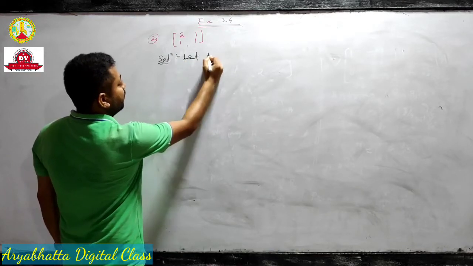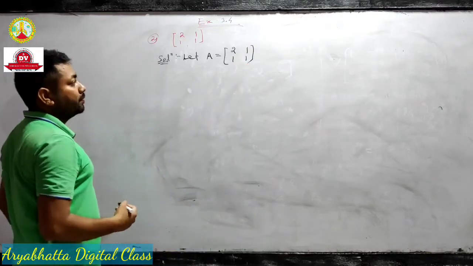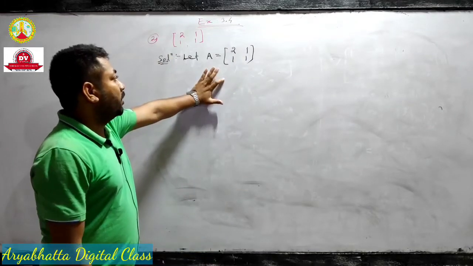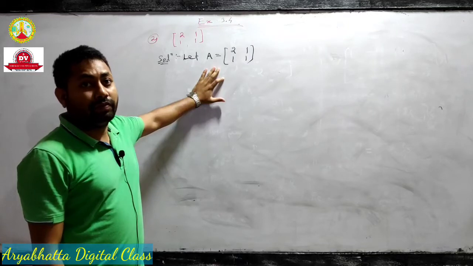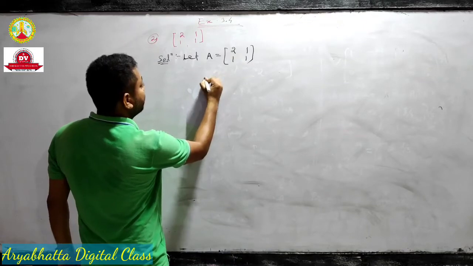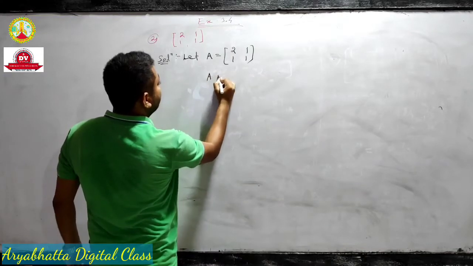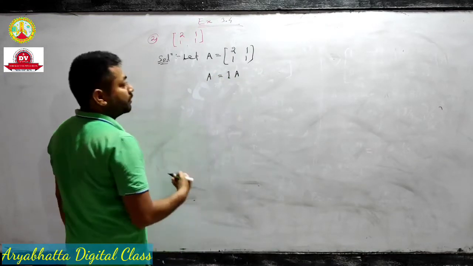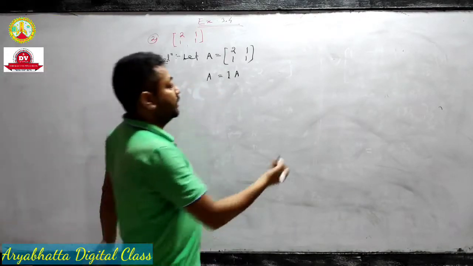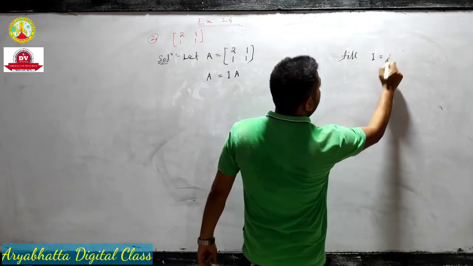Let A equal to 2, 1, 1, 1. We know that if we want to find the inverse of A using row transformation, then we write A equal to IA and apply a sequence of row transformations on A equal to IA till I equal to BA.